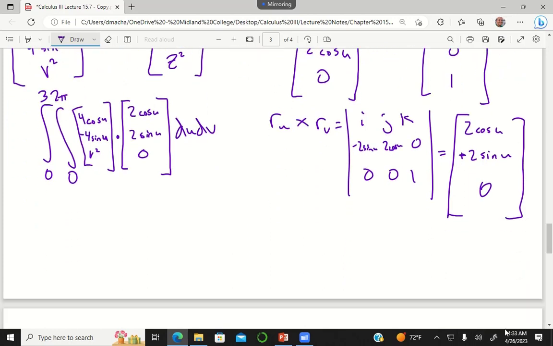All right, almost there. This is equal to the integral 0 to 3, integral 0 to 2 pi, and then this is 8 cosine squared u plus negative 8 sine squared u plus 0.